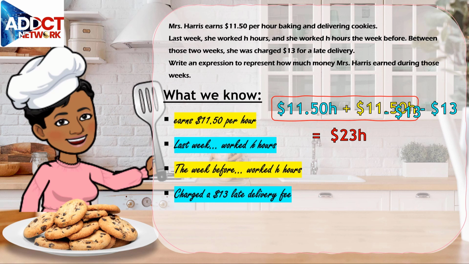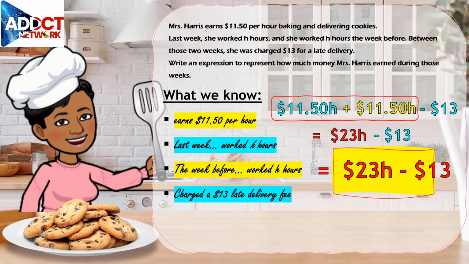It doesn't have a match. Therefore, we'll just bring it down. We'll subtract that value from however much we made in those 2 weeks. That leaves us with $23 h minus $13. This expression represents how much money Mrs. Harris earned during those weeks.